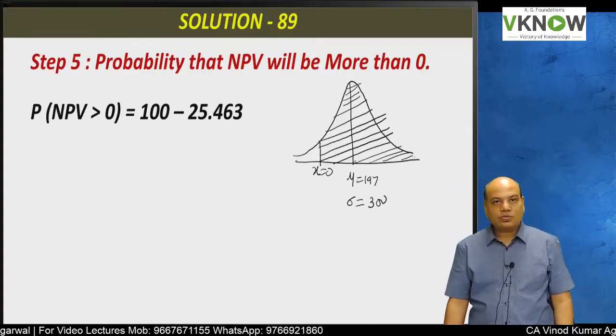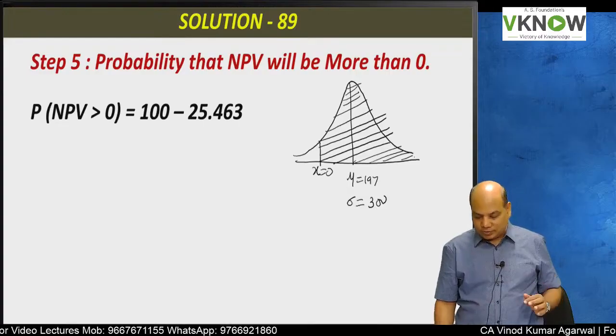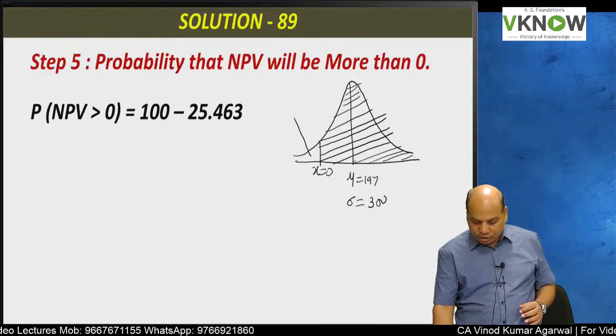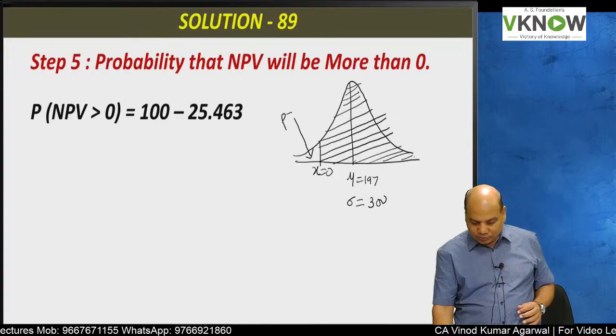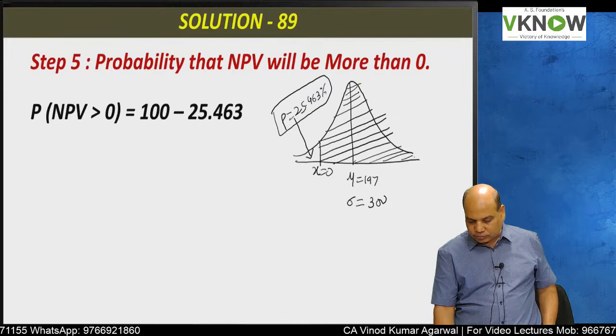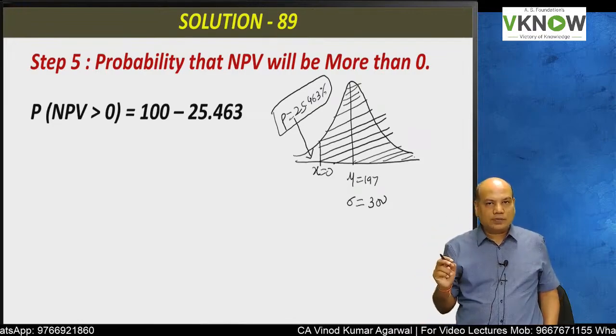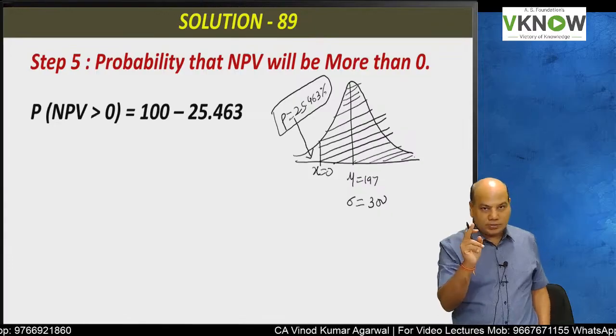Now student has to be smart. We don't have to do the same thing again and again. The probability of this area in the previous question you have computed is 25.463%. Total area under the normal distribution curve is having probability 1.